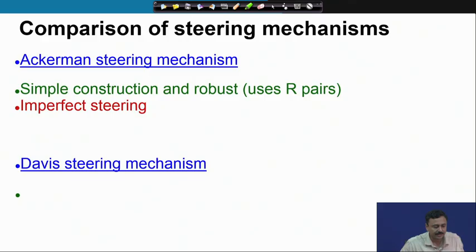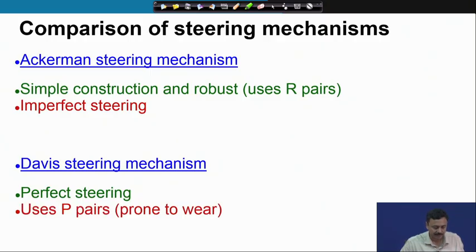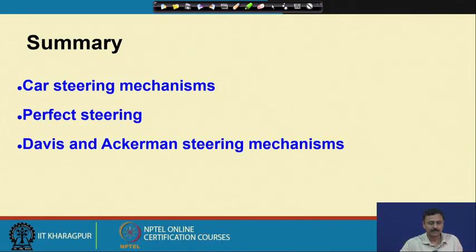On the other hand, the Davy steering mechanism has the advantage that it achieves perfect steering, but it uses P pairs. Now, P pairs are prone to wear, and once they wear, it introduces free play and inaccuracies in steering. So, let me summarize. We have looked at two kinds of steering mechanisms for automobiles.